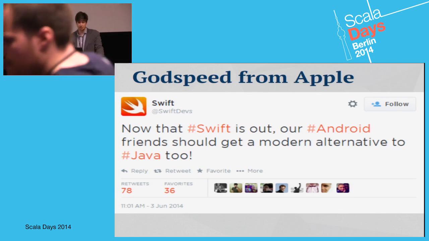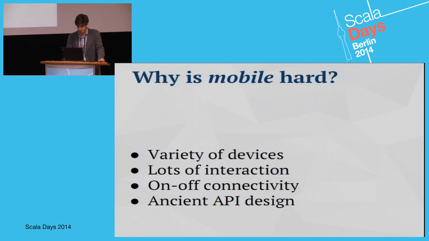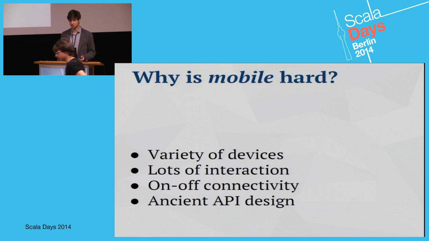But before going further, I would like to discuss why it is that we really need a good language for mobile development. And I would posit that it's because mobile development is hard in the sense that it has some non-trivial problems. So we have a lot of devices which are all different in sizes, and we have to adapt to that. We have lots of interaction because, well, the device is small, so it's always in your hands.